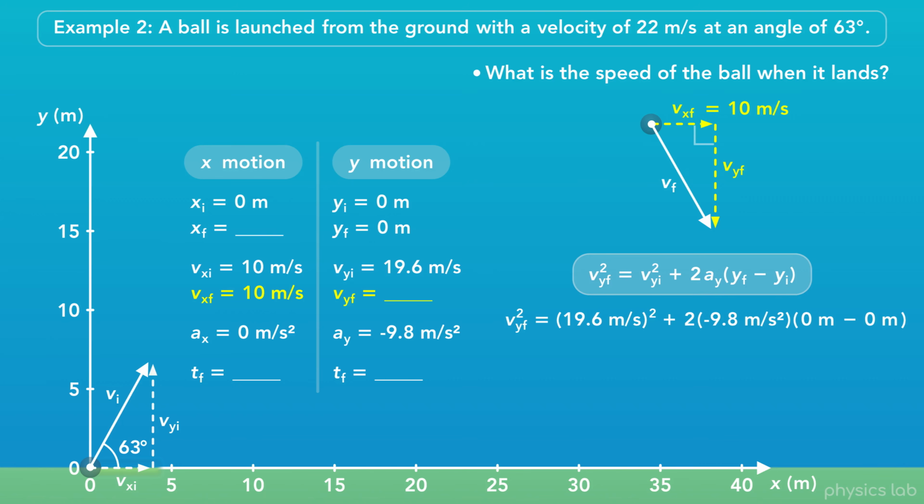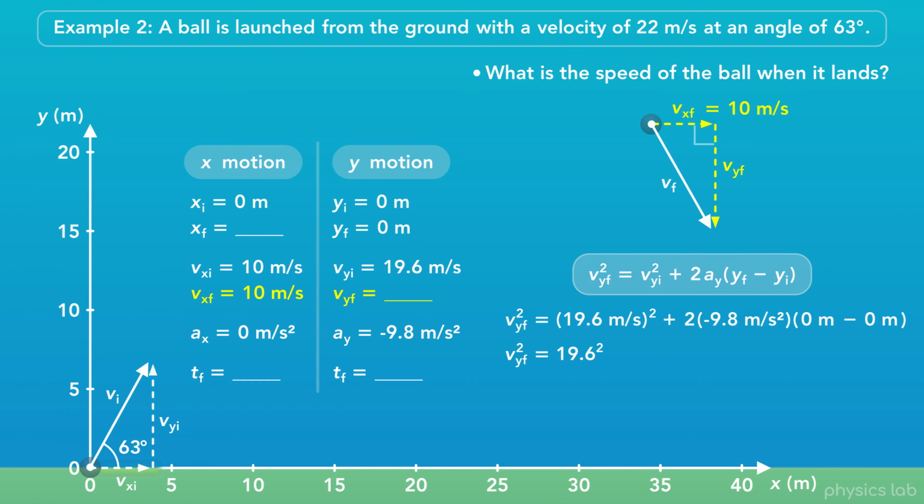We plug in 19.6 meters per second for the initial y velocity, negative 9.8 meters per second squared for the y acceleration, 0 meters for the initial y position, and 0 meters for the final y position when it hits the ground. Since the initial and final y positions are the same, the terms on the right are multiplied by 0.